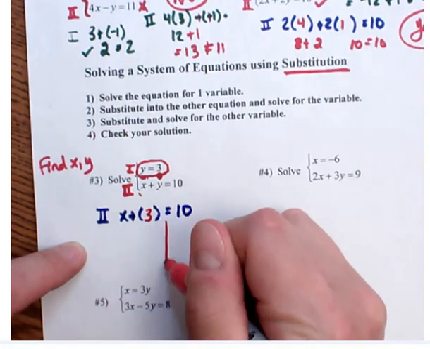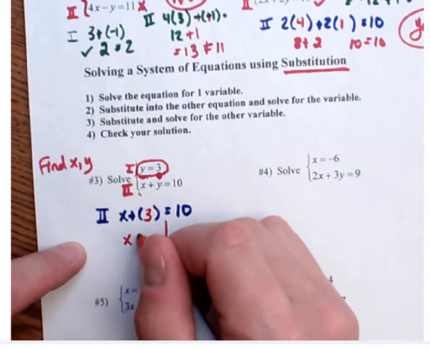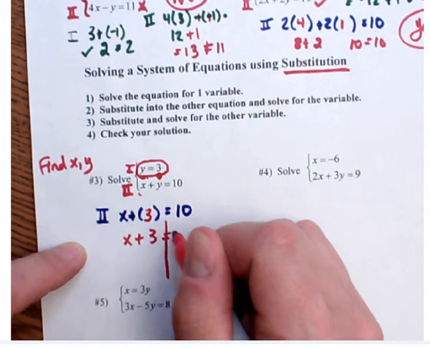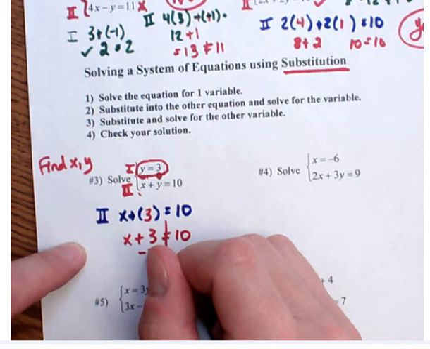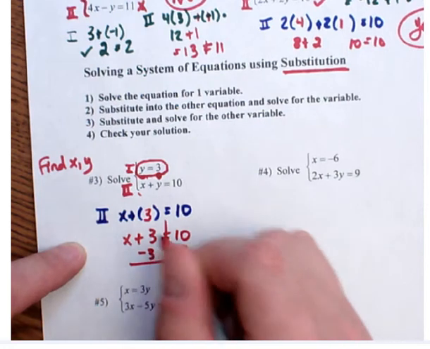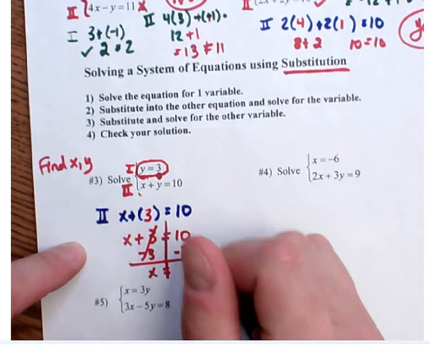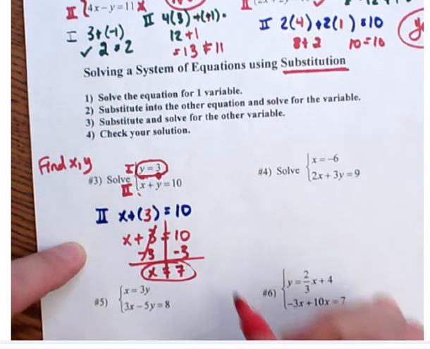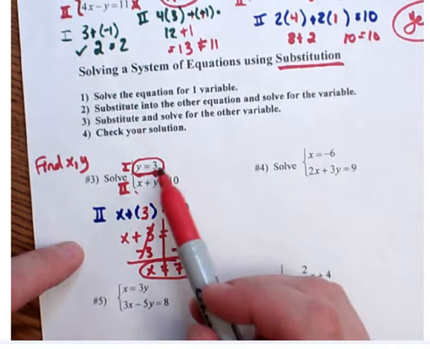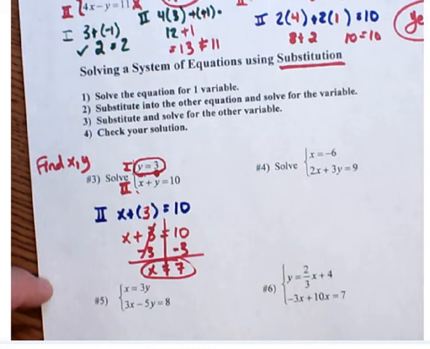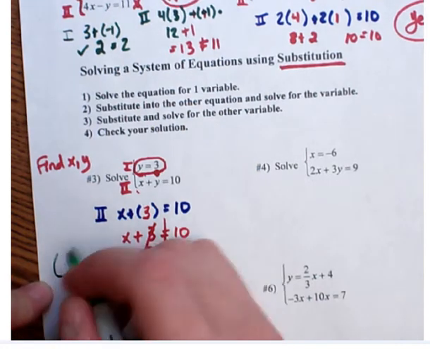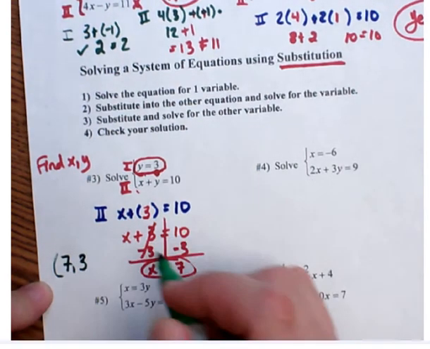Now we solve it. Let's drop the parentheses, so just x + 3 = 10. We'll go minus 3, move the constant. x equals 7. So we have x is 7, y is 3. The way we write the answer, we're going to write it as an ordered pair, (x, y): (7, 3).